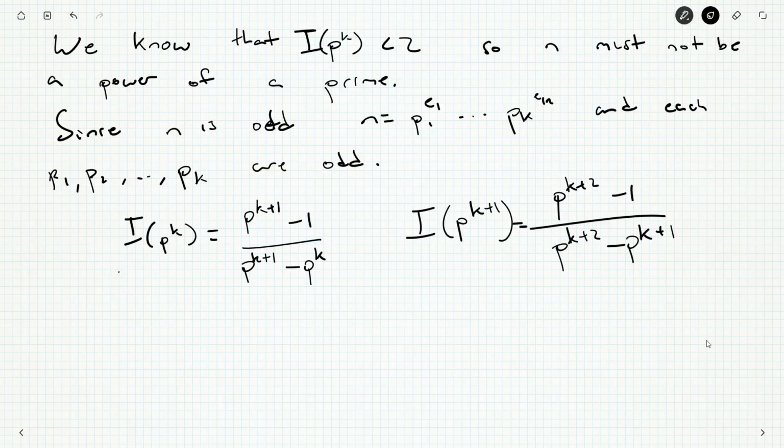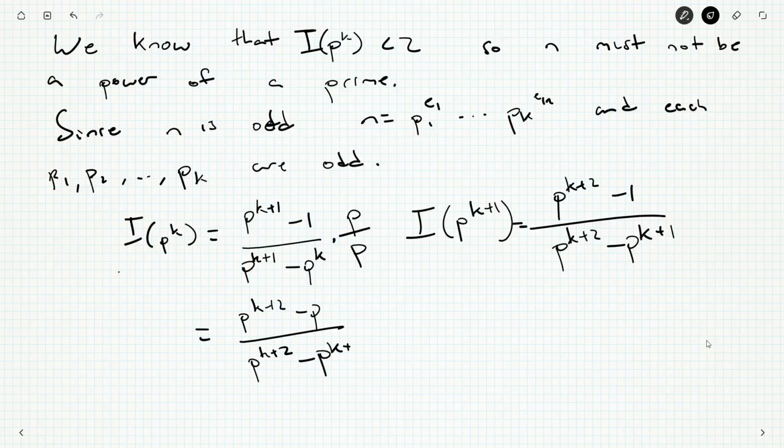Now the bottom, so if I multiply by p over p, this is p to the k plus 2 minus p, and this is p to the k plus 2 minus p to the k plus 1. So we do get bigger.